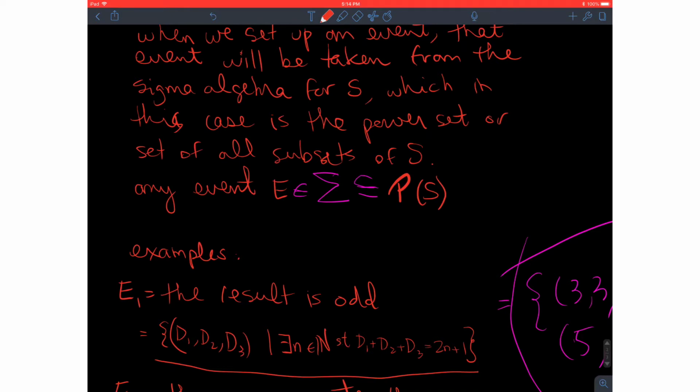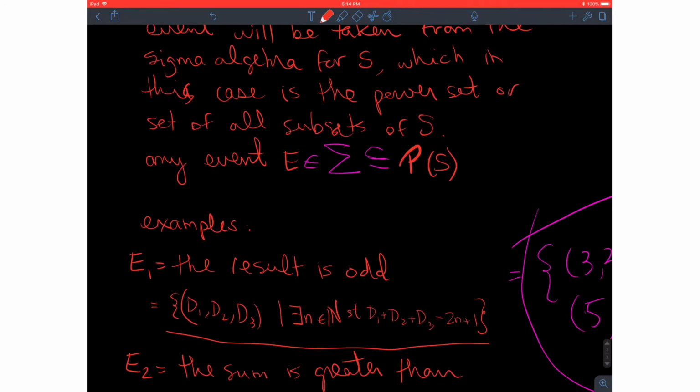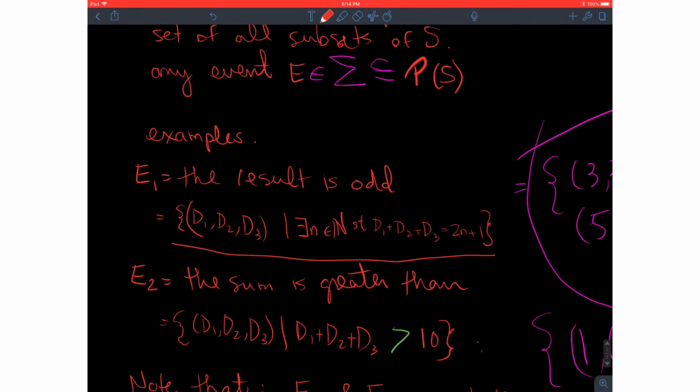And since events are combinations of outcomes, we need something that's bigger than just the sample space. That's why we have to resort to the power set, or a subset of the power set, which is much bigger.